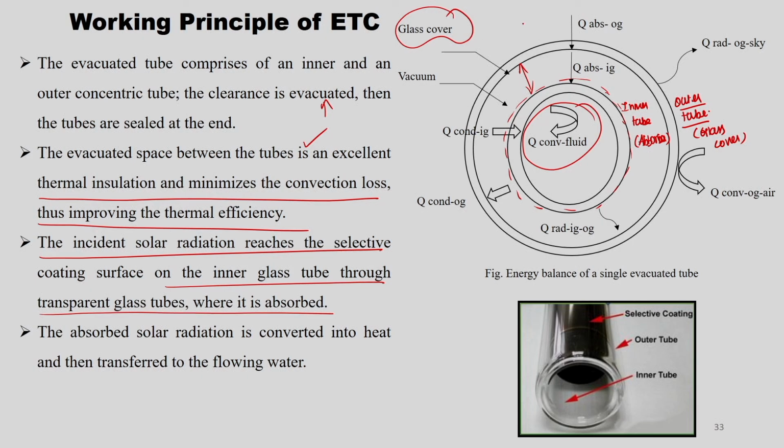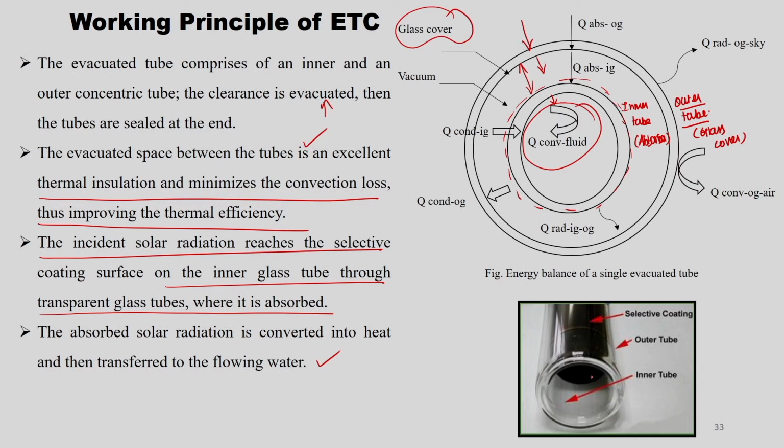So, the solar radiation incident on the glass cover is transmitted to the inner tube which is coated with the selective coating material, then from there the fluid takes the energy, the solar energy. The absorbed solar radiation is converted into heat and then transferred to the flowing water.